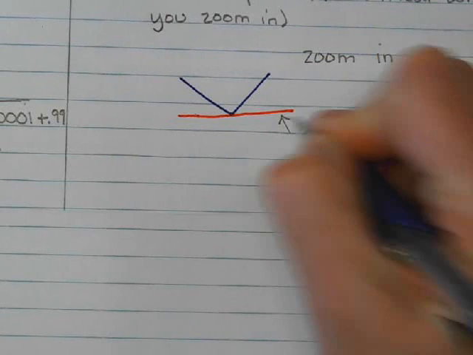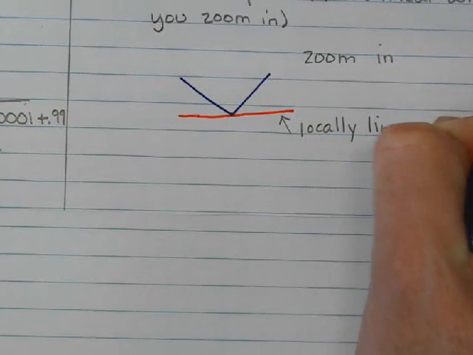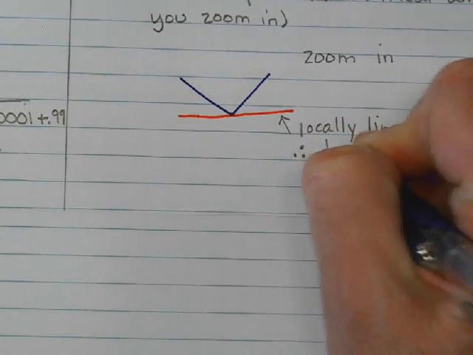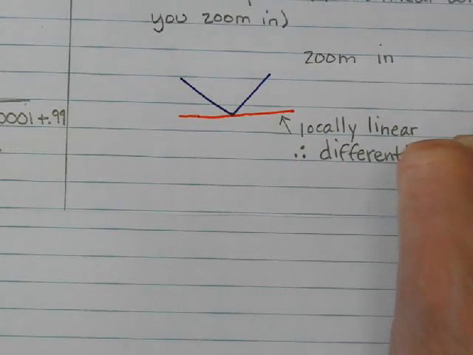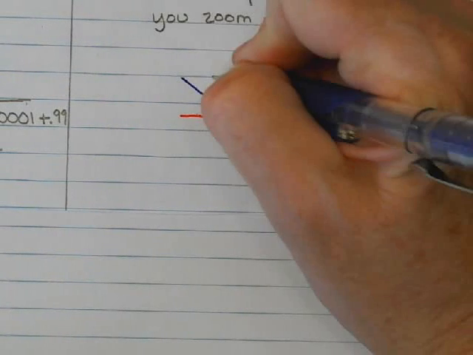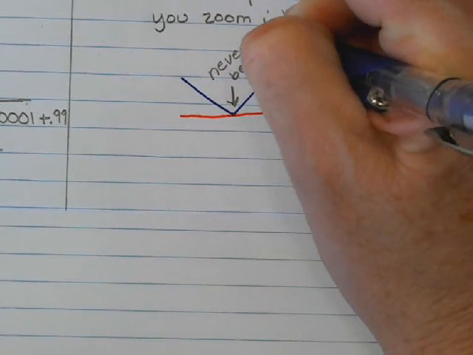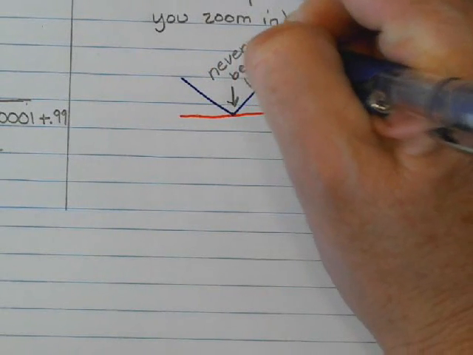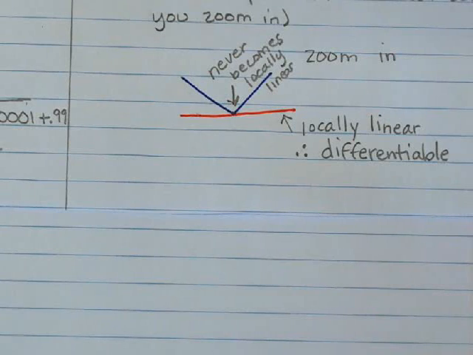We're going to see that this is locally linear, thus differentiable. Whereas this top one never becomes locally linear. So no matter how much we zoom in, it's never going to become locally linear, so it's never going to be differentiable at that point.